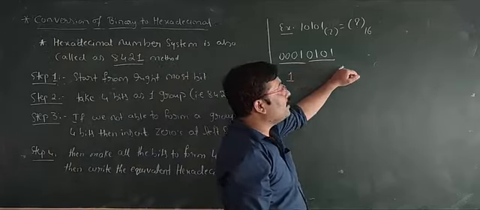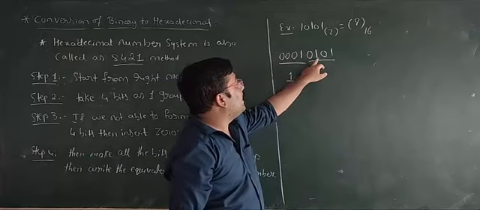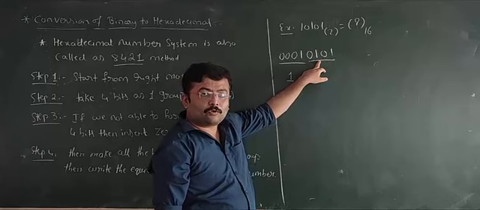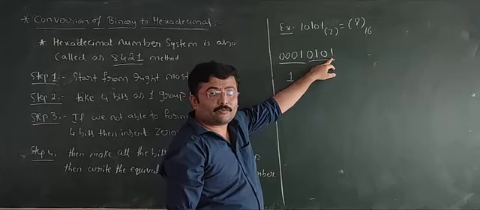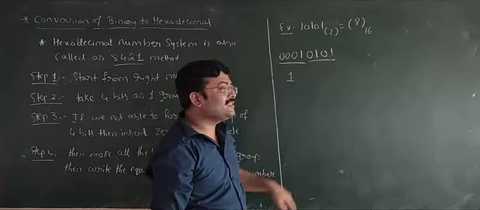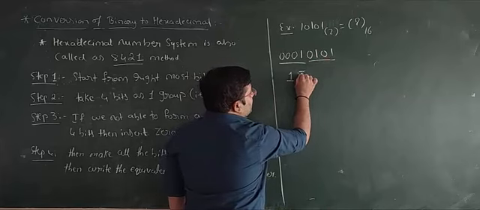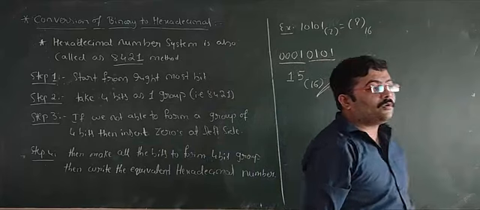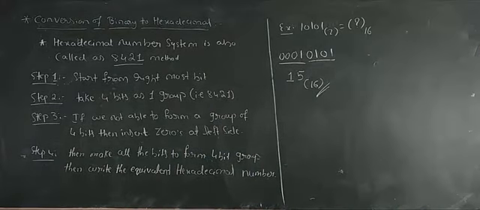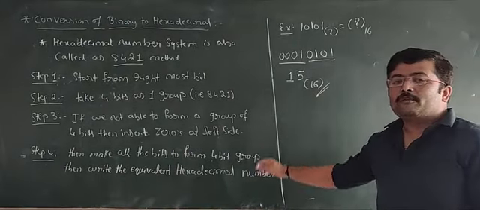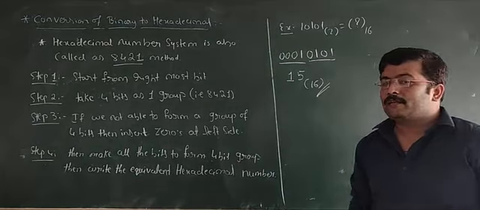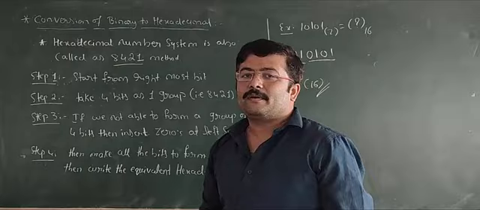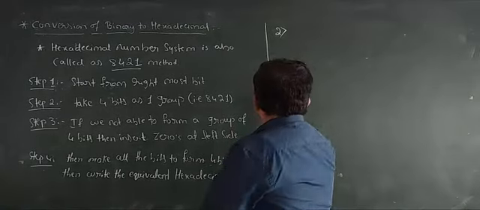Next, 0101, this is 8421. At the 4th place there is 1 and at the 1 place there is 1. So 4 plus 1 is 5. So 15 is my answer. For 10101 to the base 2, the value is 15 to the base 16, because I am converting a binary number to a hexadecimal number. Yes, let us take one more example.